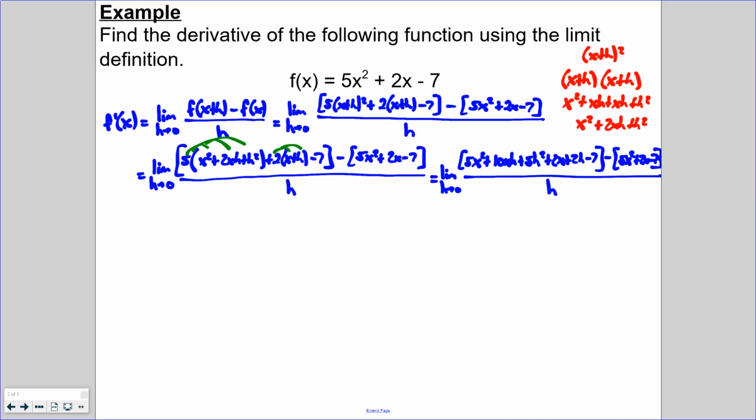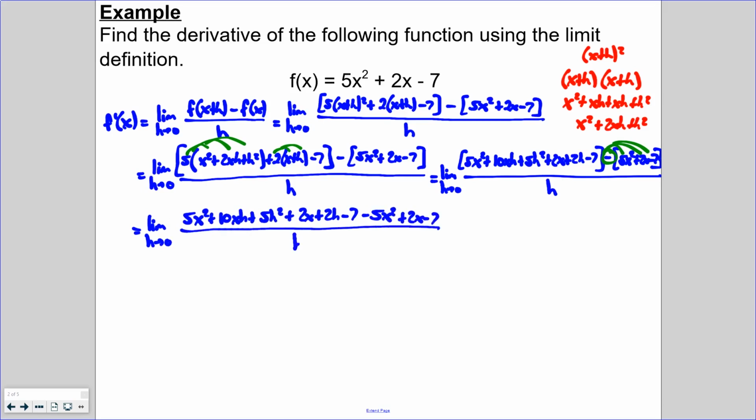Alright, then next up, we're going to take the negative sign and we're going to distribute it into our f of x. And that's going to give us the limit as h approaches 0 of 5x squared plus 10xh plus 5h squared plus 2x plus 2h minus 7 minus 5x squared plus 2x minus 7 all over h.